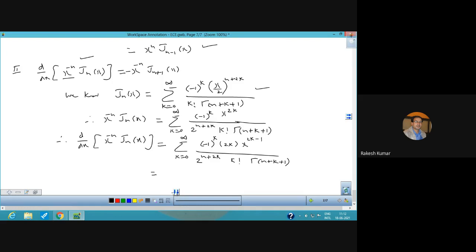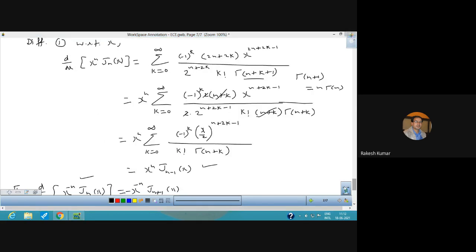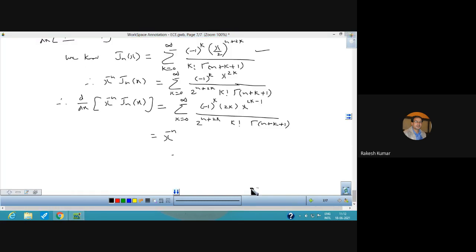Now after this we shall adjust the terms for getting the required result. So x raised to power minus n can be taken out, because we require x raised to power minus n outside of J_{n+1}(x). So that is why we can take it common. So summation k is 0 to infinity, we have minus 1 raised to power k, that is 2k x raised to power, here we were having 2k minus 1.